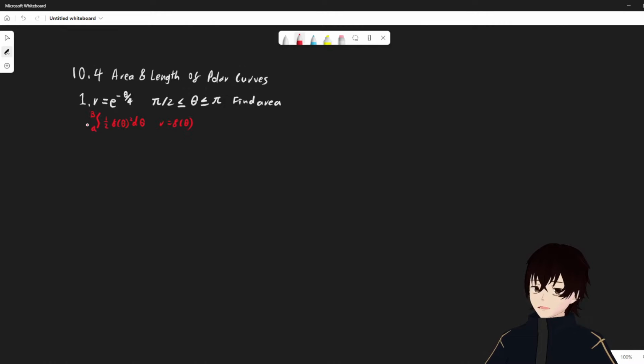All right. Let's write this, A equals. Now plug everything in, we get the integral from pi over 2 to pi of 1/2.